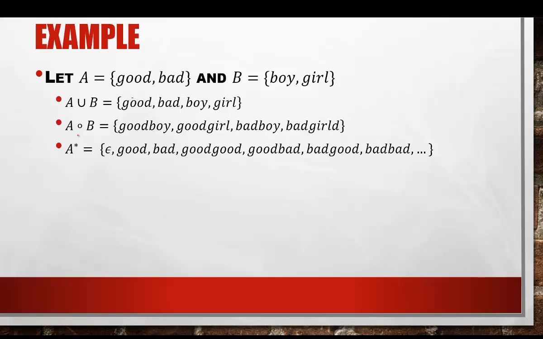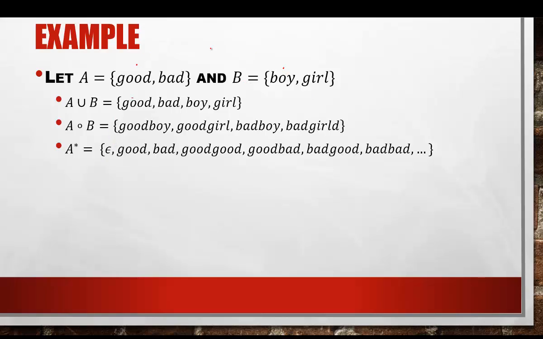Concatenation, though, is a set of all the strings made of two strings put together, one from each of the two sets, such that the first string is from the first set and the second string is from the second set. So if I say the concatenation of A and B, the first string coming from A and the second string coming from B, it could be good boy, good girl, and then bad boy, bad girl, right?